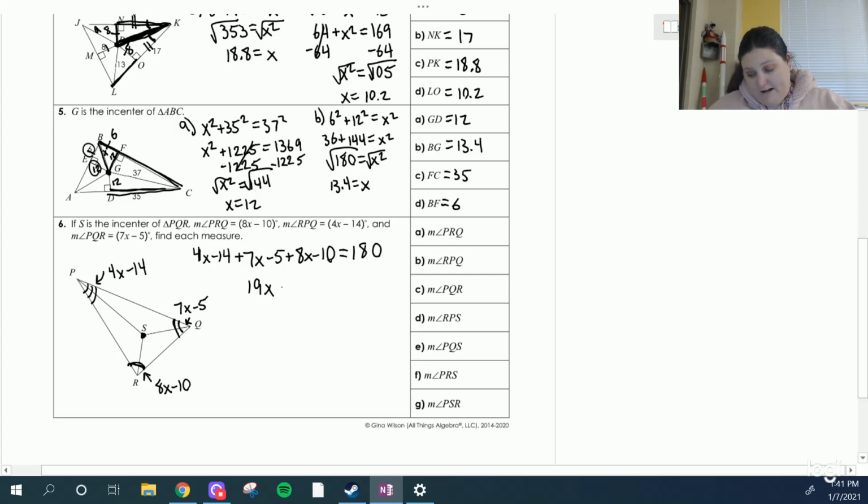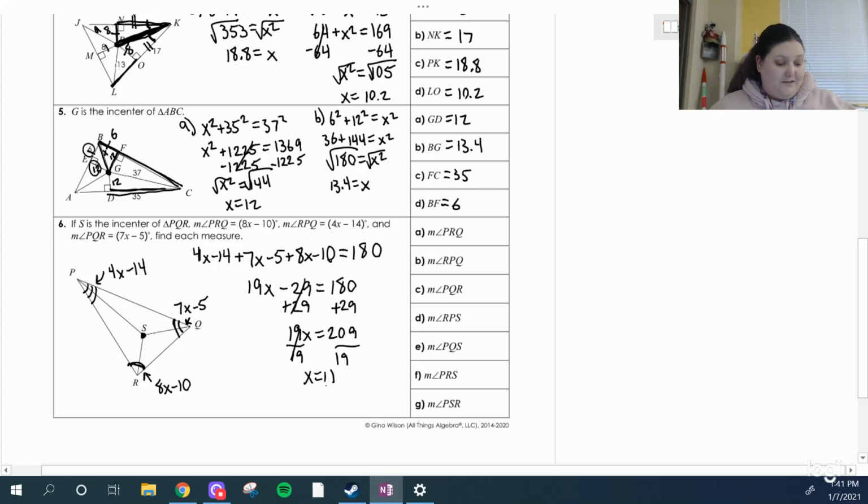And then when I add all my other like terms, I get minus 29 is equal to 180. I add 29 to both sides, and I get 19x is equal to 209. Then I divide by 19 on both sides, and I get x is equal to 11. So x is 11, that's not the measure of the angle, that is what x is.